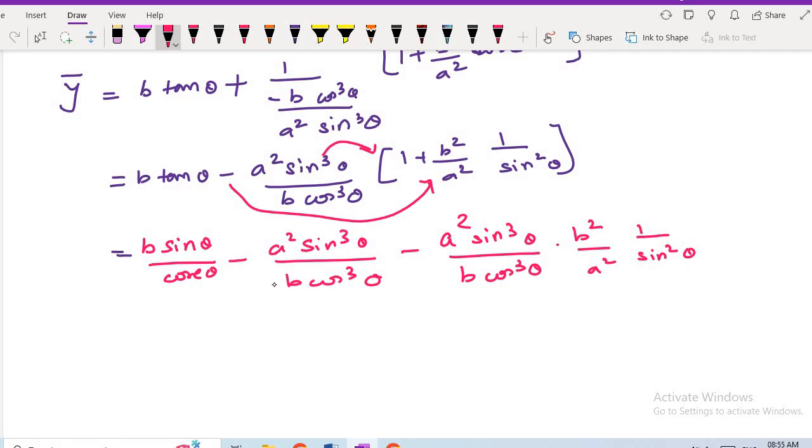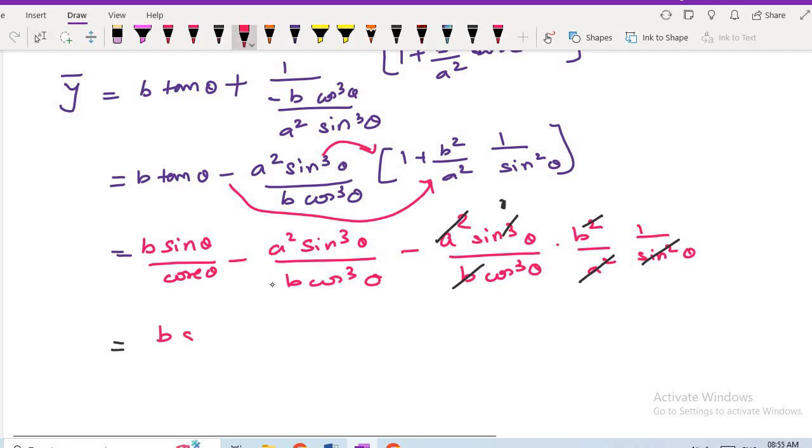So now we can multiply the terms inside. Let's see which terms cancel. This a square cancels, and the b term cancels, and then this and this cancel, so the rest we have 1. Here no term is cancelling. So the simplified term is b sin theta divided by cos theta.